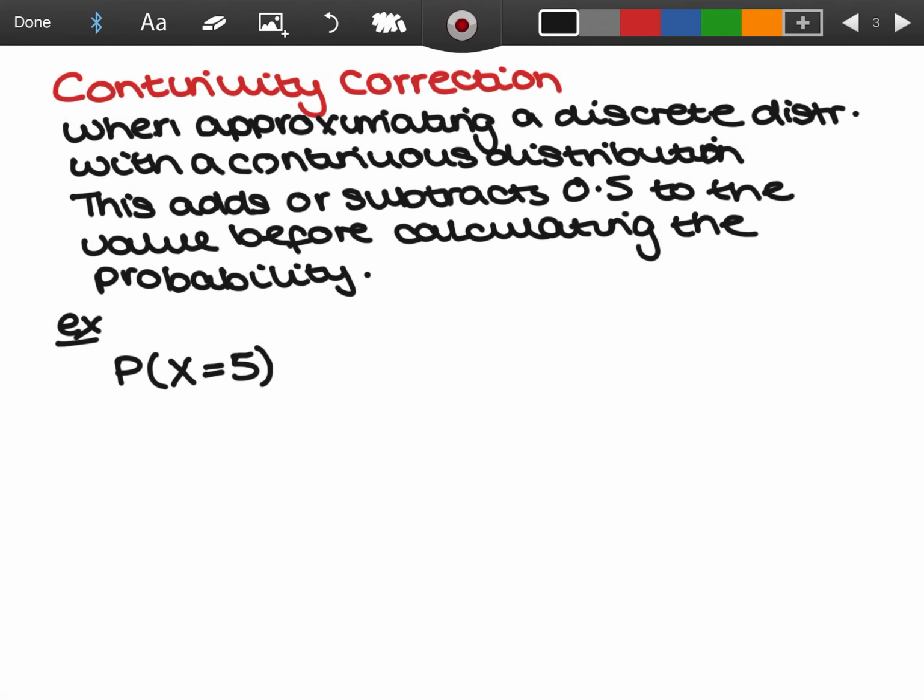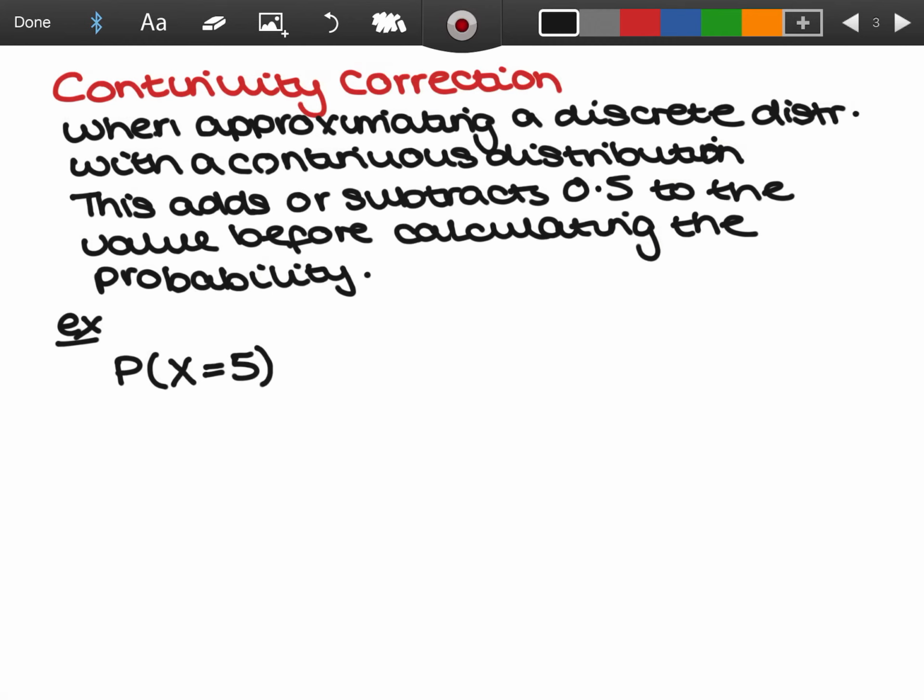Now, in a continuous distribution, there are multiple decimal values that will round to 5. Anything greater than or equal to 4.5 would round up to 5, and anything up to 5.49 recurring would also round to 5.